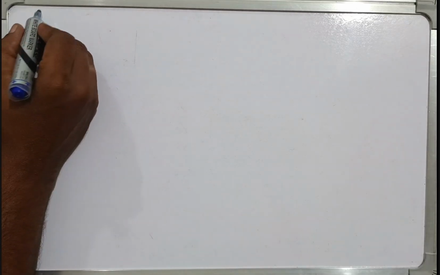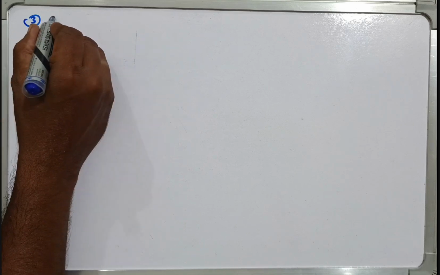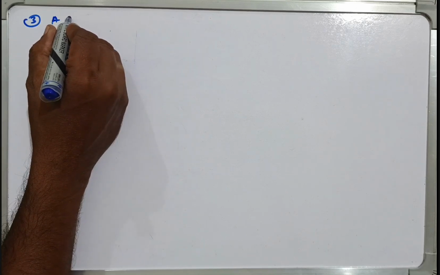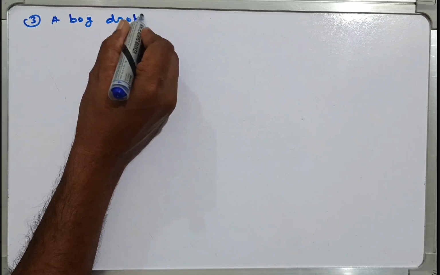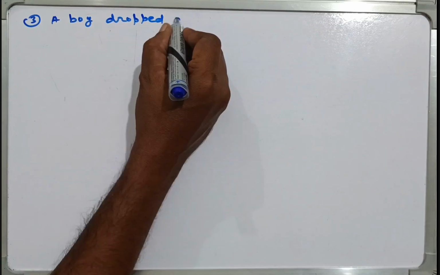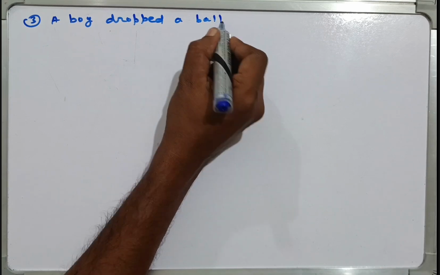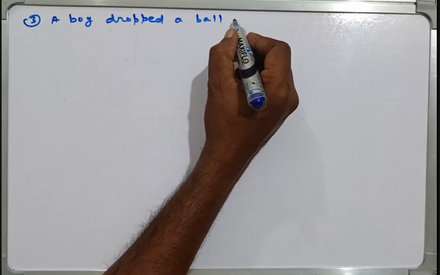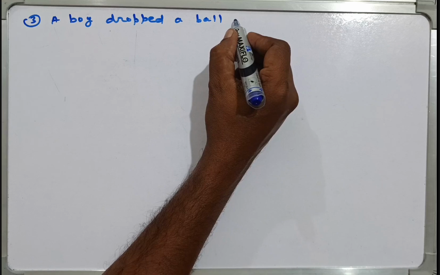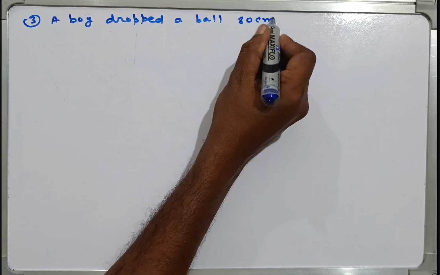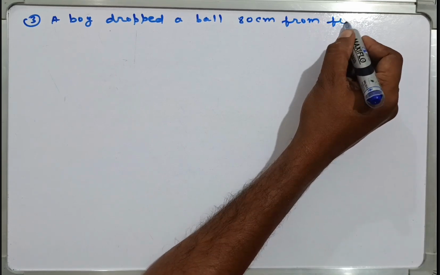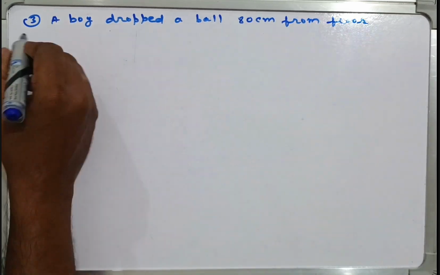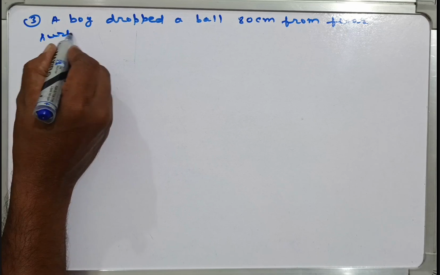Question number 3, guys. A boy dropped a ball from 80 centimeter above the floor surface.